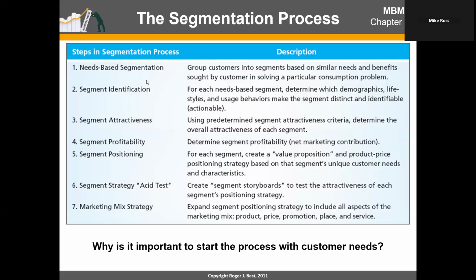So we identify the different segments. How attractive are they? How profitable are they? Positioning. So we can think about, how do I want my target audience to think about my product or service? That's this idea of position.